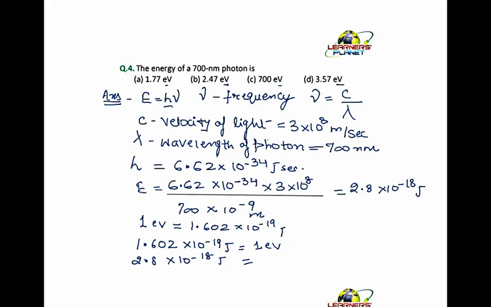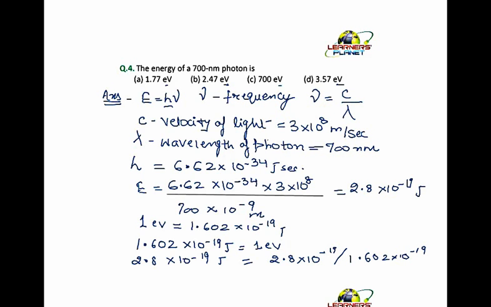So there will be some calculation here, and let's calculate this. It is minus 19. It would be 2.8 into 10 to the power minus 19. I think there is some calculation error. So minus 19 divided by 1.602 into 10 to the power minus 19.